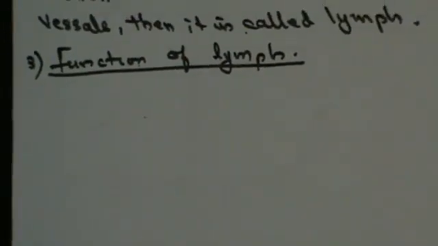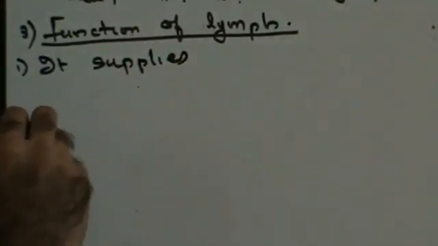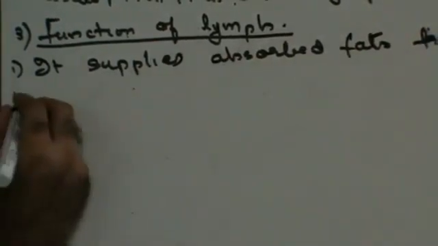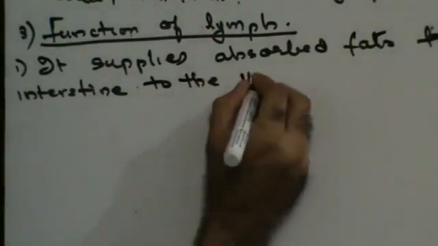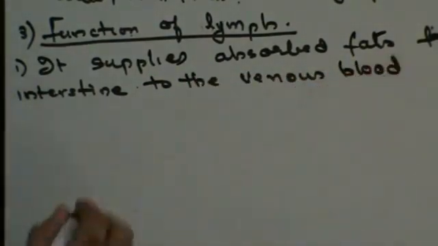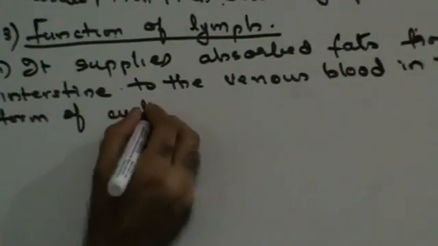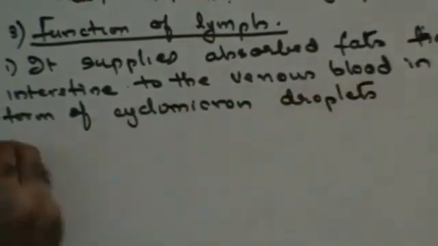So whatever fats are absorbed in the intestine will go into the venous blood in the form of chylomicron droplets. Right? That's the first function.